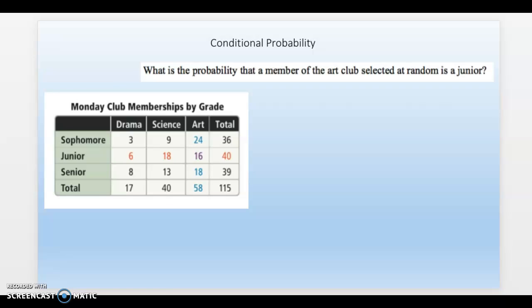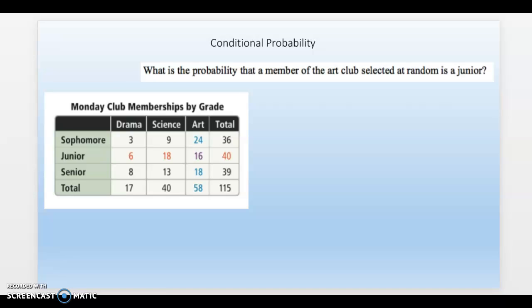Now, what's the probability that a member of the art club selected at random is a junior? All right, that's a conditional probability. And we're not using the 115. We are constricting the sample space to some subset of that sample space.